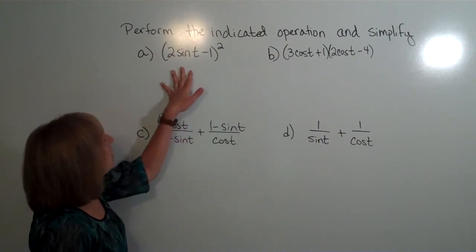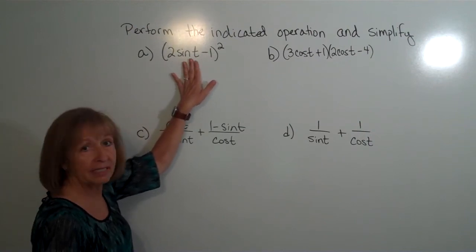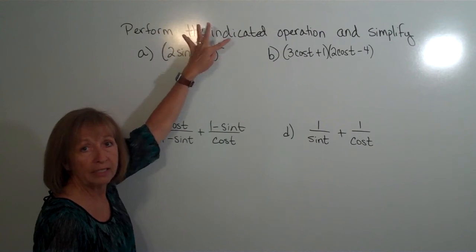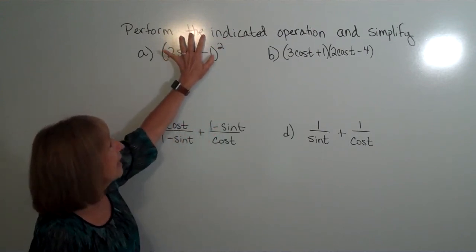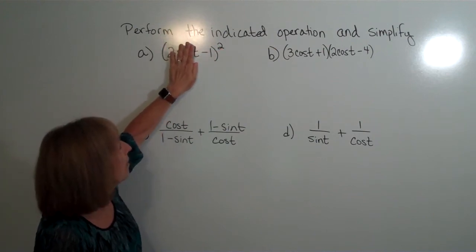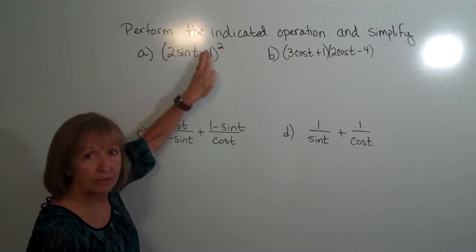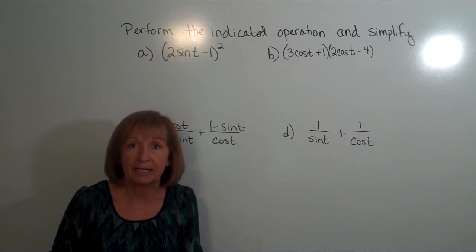So our first one says to perform the operation where I take 2 times the sine of t minus 1 and square the quantity. So you want to think, what do I have inside the parentheses that is being squared? I have 2 different terms in the parentheses. Remember, terms are separated by plus or minus.